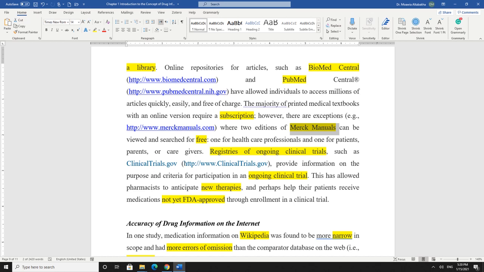One of the most common and most important registries for ongoing and planned clinical trials is this website, and you will need to use it inshallah. It's called clinicaltrials.gov. Clinicaltrials.gov. Okay.